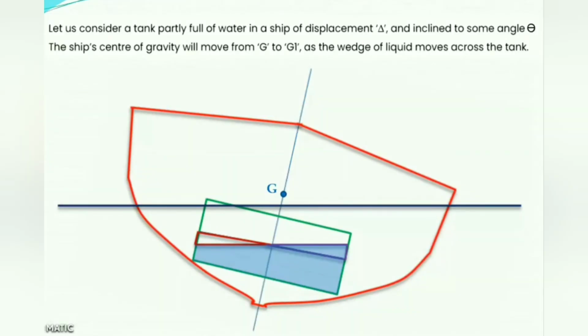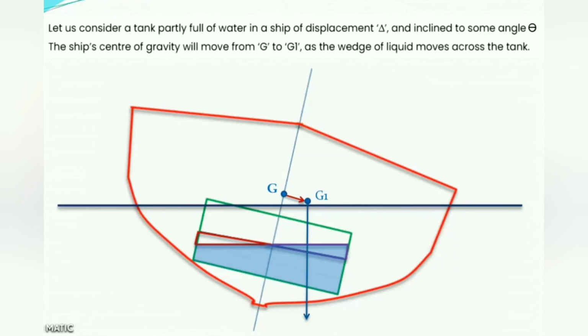Since a considerable liquid mass has been shifted in a particular direction, this will also be causing the center of gravity of the ship to move correspondingly in the same direction. The gravitational weight of the ship will now be acting downwards through the new center of gravity G1.